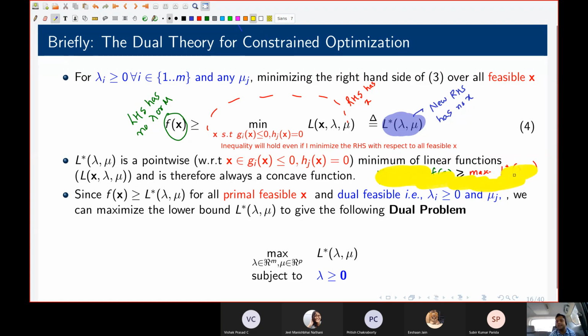And this motivates the dual optimization problem, the one we are seeing here on the right-hand side.